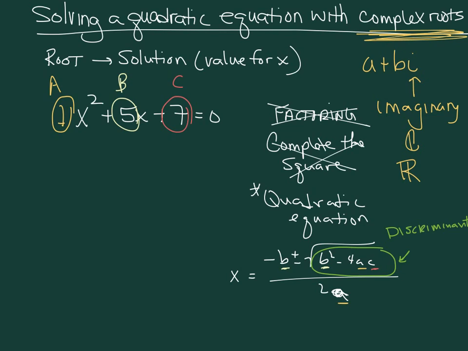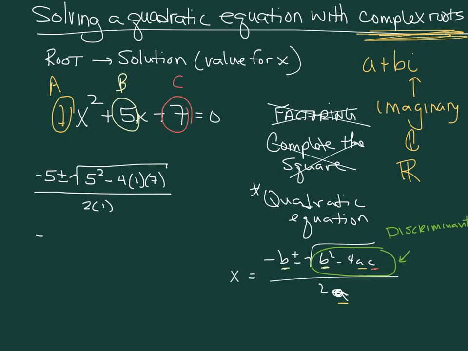So right now, we're going to go negative 5 plus or minus the square root of 5 squared minus 4 times a times c, all over 2 times a.